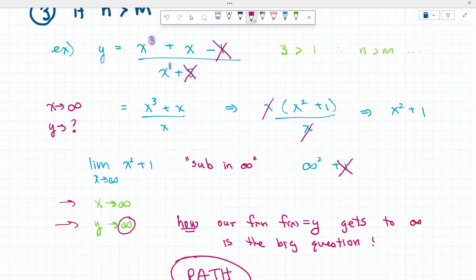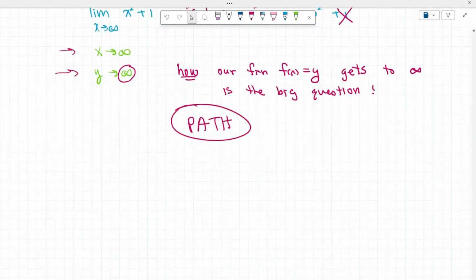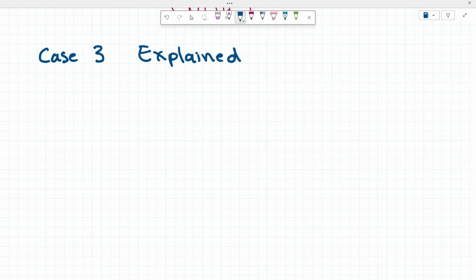So I'm going to give you now a step-by-step approach that you can follow every time in order to figure this out. So let's go through this. So we're going to do case 3 explained. Again, this is when n is bigger than m. We want to determine the behavior of the function. That is the big thing here.